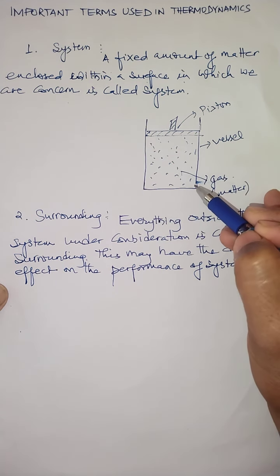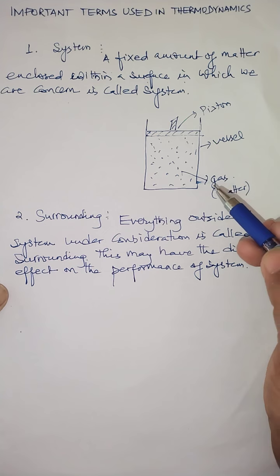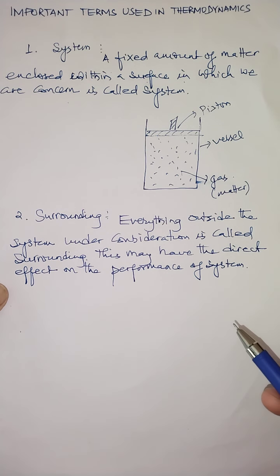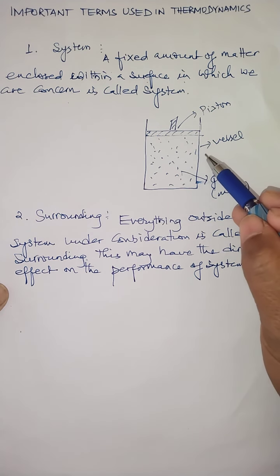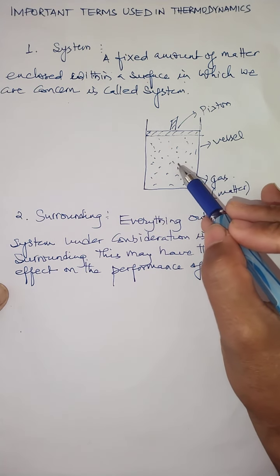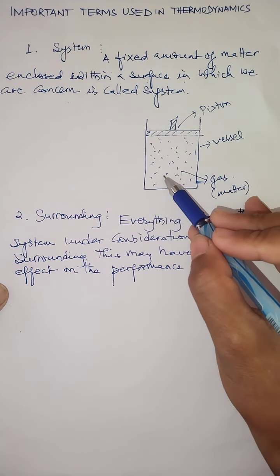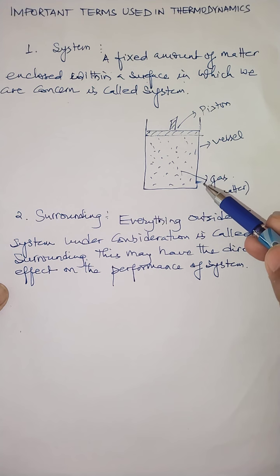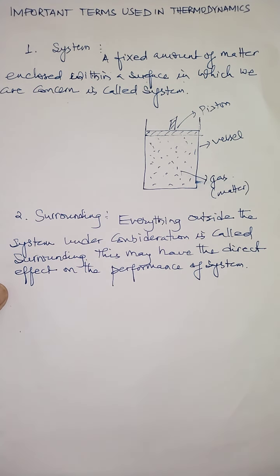This vessel can be any vessel and can be a surrounding, because if it is a conducting vessel, then it has an impact on the gas, that is on the system. If it is a non-conducting vessel, then it also has some impact on the system, and that is called surrounding. So this is number 2.